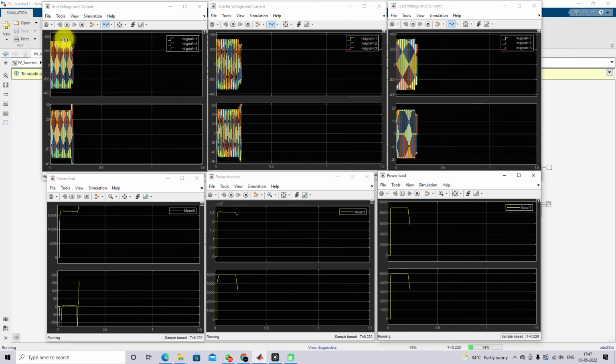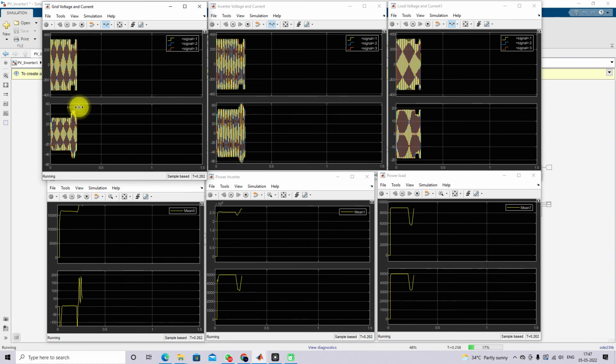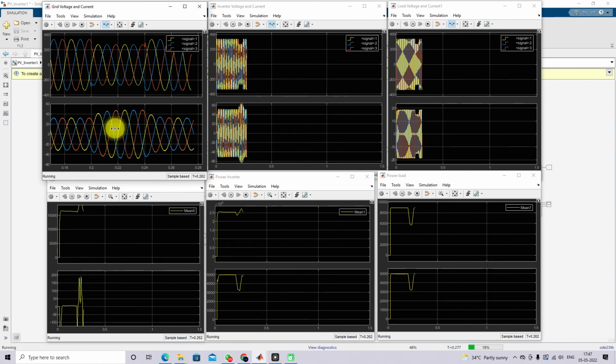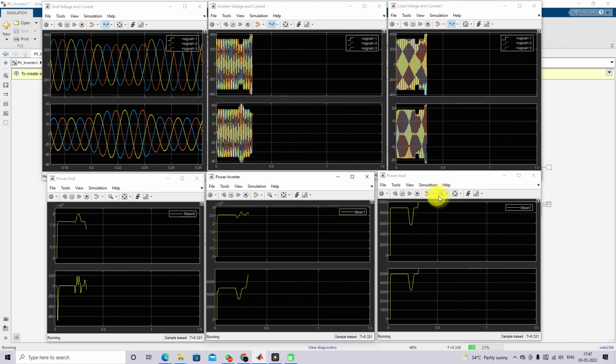Here you can see that the sag occurs at 0.2 second, but the current quality is maintained sinusoidal, though there is an increase in current. This is because of the reduction in voltage.